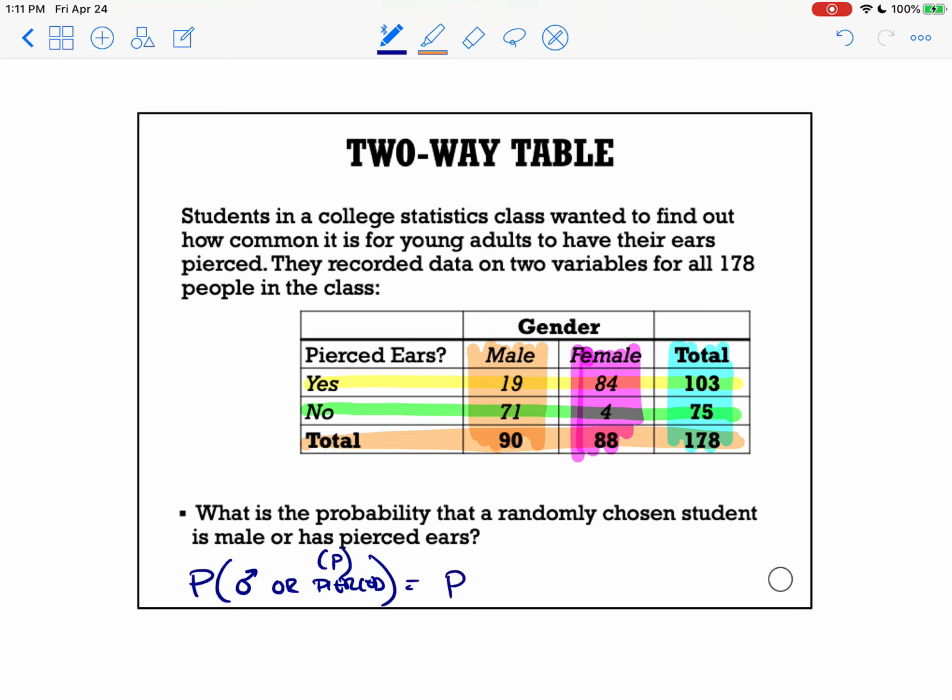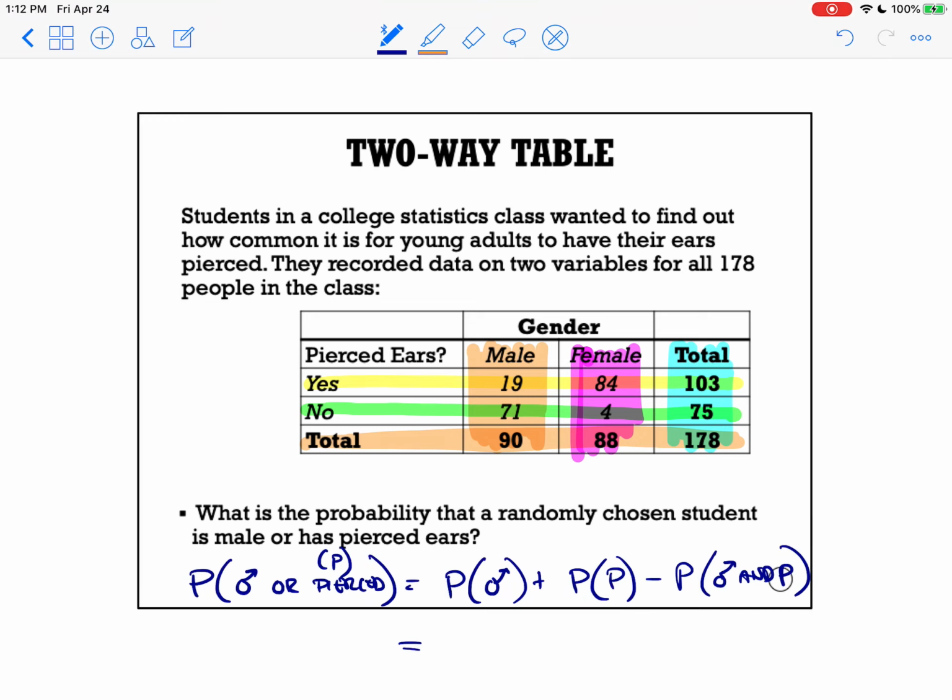So that's going to be the probability that they're male plus the probability that the ears are pierced minus the probability that they're male and the ears are pierced. So that's our addition rule that we talked about the other day. These are not mutually exclusive events. You can be both male and have your ears pierced. You can be both female and have your ears pierced.